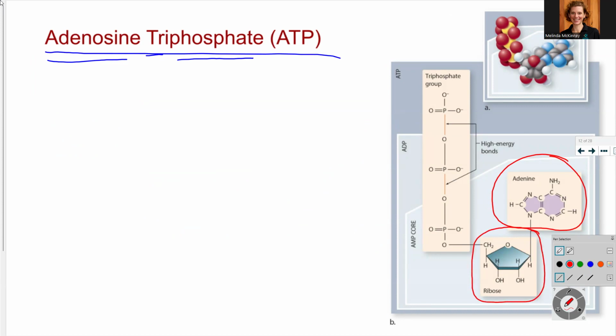And so this looks very much like a nucleotide, which was part of the monomers that we learned when we learned about macromolecules. But instead of just one phosphate group over here, we've actually got two more. So that means we have three phosphate groups.